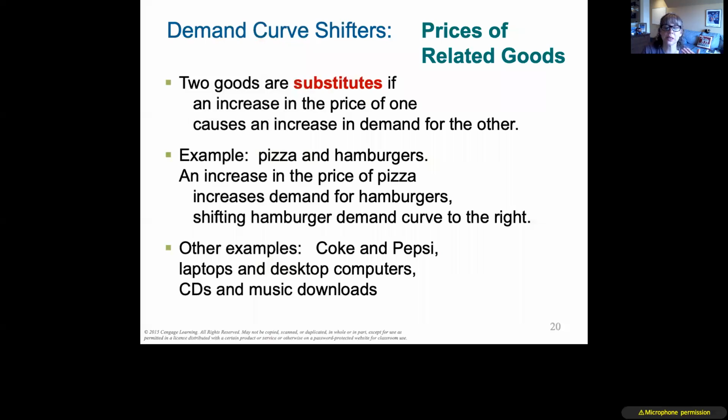If there's an increase in the price of pizza, you think to yourself, okay, well, I can have pizza or hamburgers. That means that you decide to gravitate away from pizza to hamburgers. So in the end, there's an increase in demand for hamburgers. So because pizza increased its price, there's a shift in the hamburger demand curve. They are called substitutes.